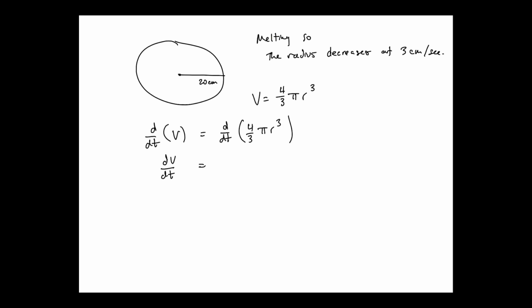Now that was easy. What about the right hand side? What's the derivative of 4/3 pi r cubed? 4 pi r squared times something. But what is r? R is a function. What does it depend on? So we have to multiply by dr dt. This is the chain rule.